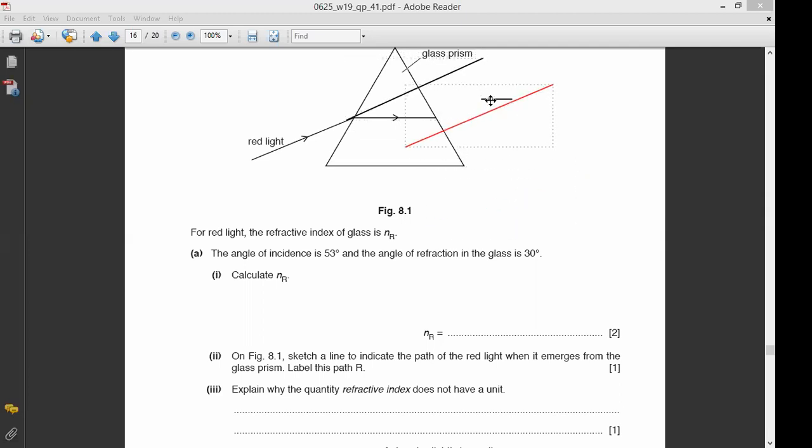Now, sketch a line to indicate the path of the red light when it emerges from the prism.